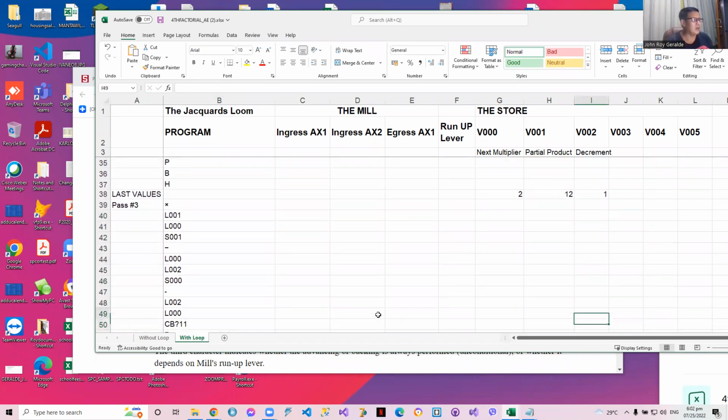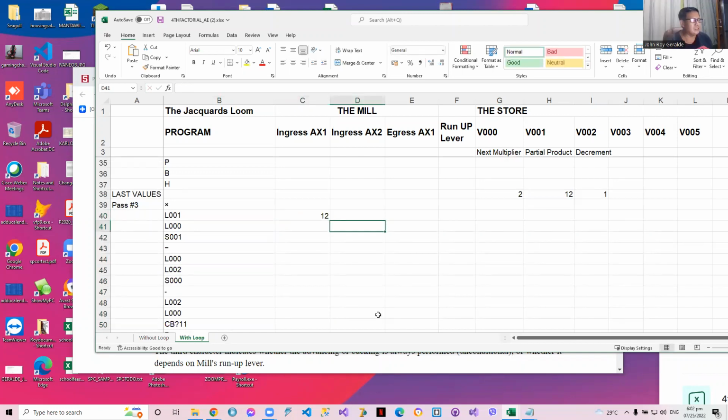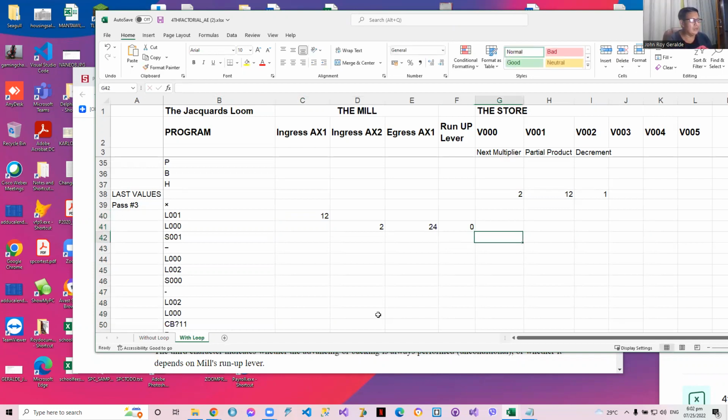Now, we're in the third pass. So, times L001. First, 12. Then L000, which is 2. So this is 24. The run-up lever is 0. Then S001, so this now becomes 24. Do you follow?